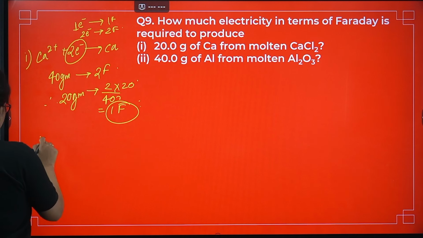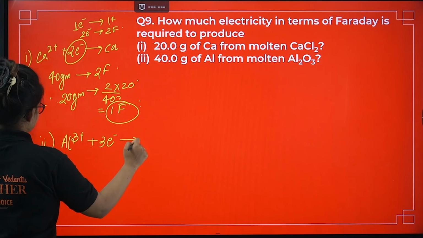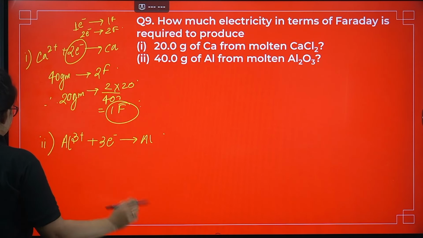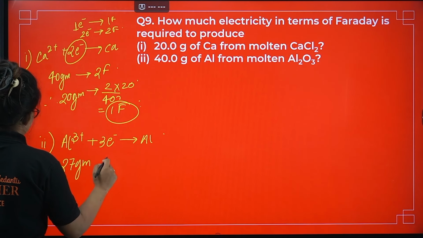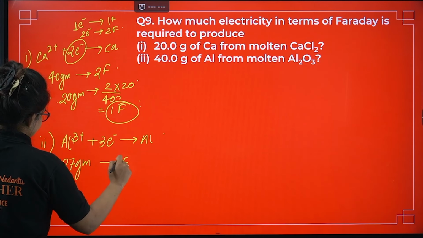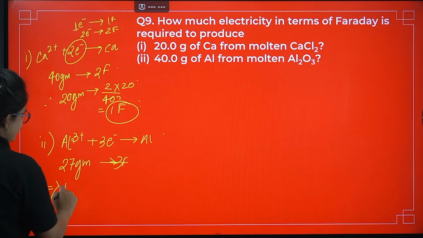Let's proceed with the second part: aluminium 3+ takes up 3 electrons to give you aluminium. Aluminium atomic weight is 27 gram, so 27 gram will require 3 Faraday charge because 3 electrons are exchanged. Now how much is given? 40 gram.